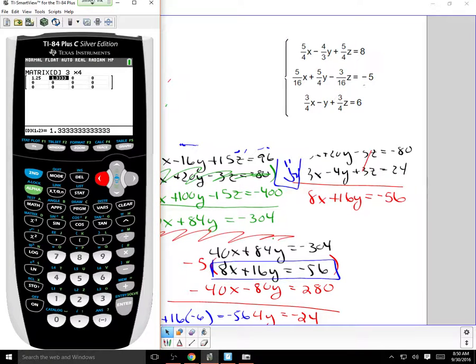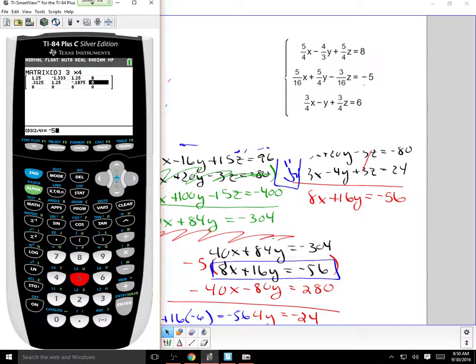Gotta make sure that's correct. 5, divide 4. 8. 5, divide 16. 5 over 4. 5, divide 4. Negative 3 over 6. Negative 3, divide 16. Negative 5.